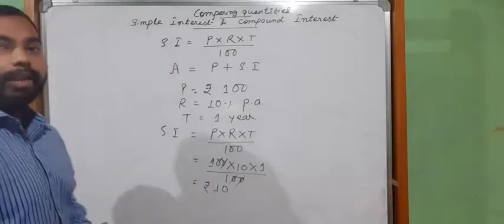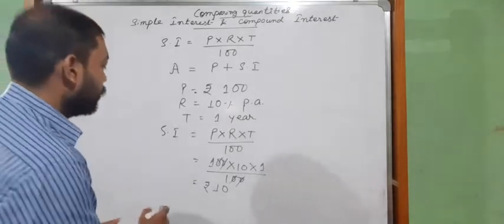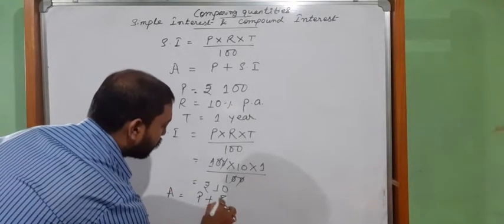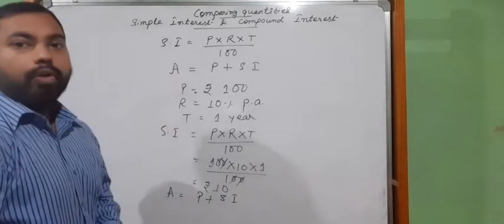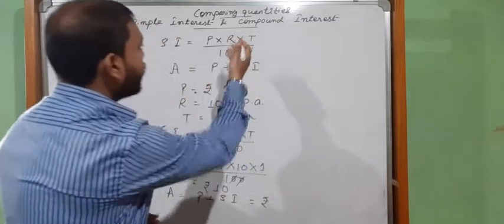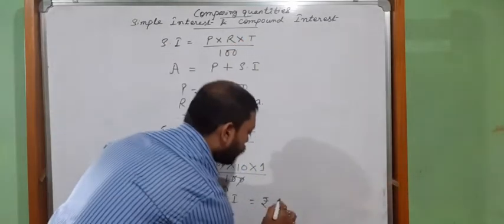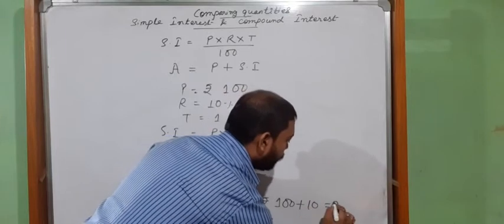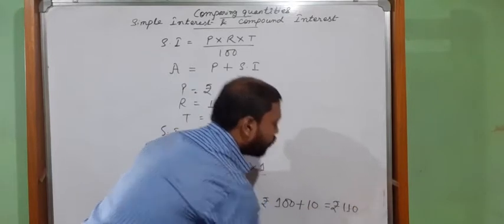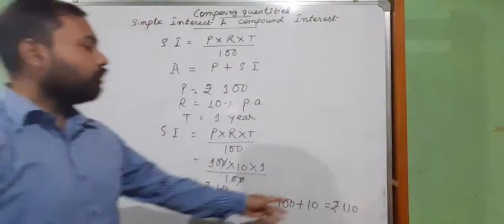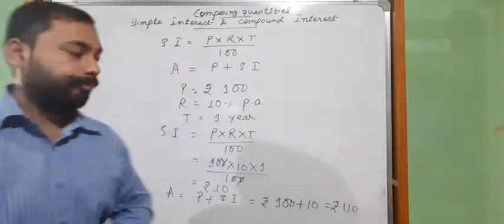So what will be my amount? Amount is principal plus SI. We took 100 rupees as loan, so 100 plus 10 will become 110. So at the end of 1 year we have to return rupees 110.